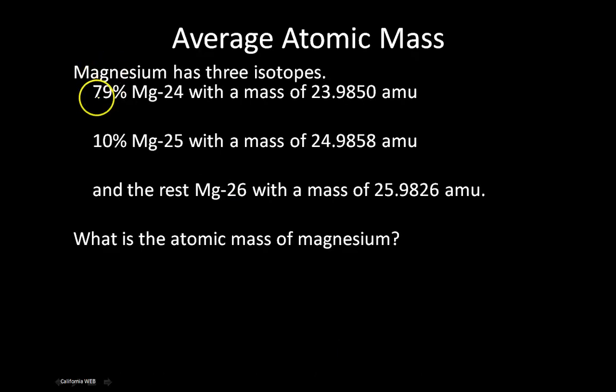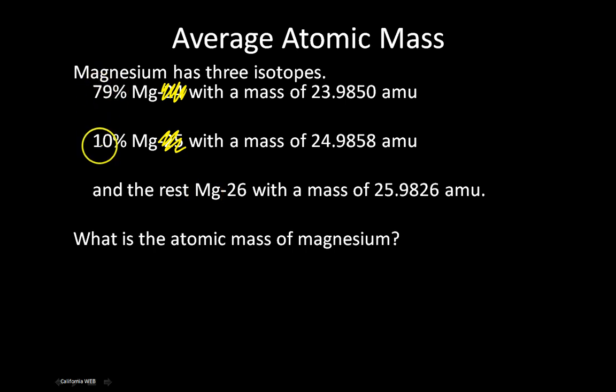Magnesium has 3 isotopes. 79% is magnesium 24, which has an exact mass of 23.985 AMUs. So if you're given an exact mass, use that instead of just a generic mass number. 10% is magnesium 25 and has this exact mass, and the rest, what does that mean? We're going to have to do a subtraction, right? Because percents always have to add up to 100.